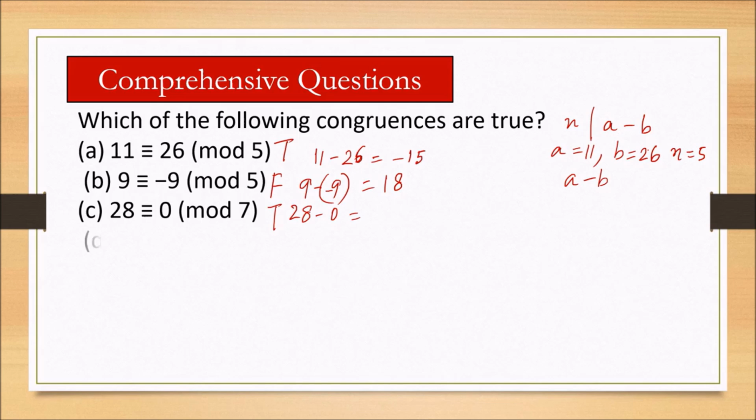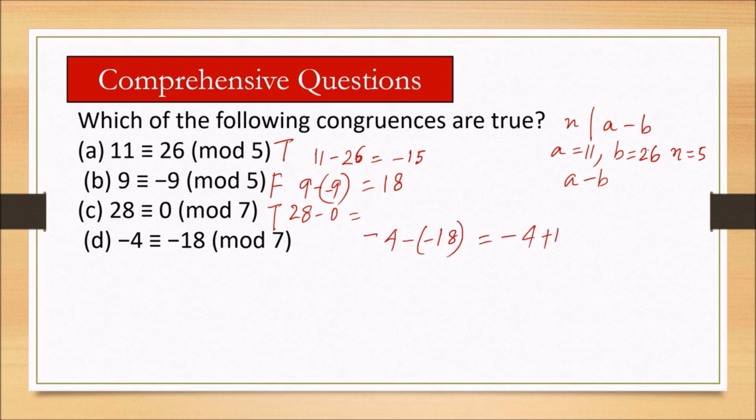Next question. Negative 4 is congruent to negative 18 modulo 7. So negative 4 minus negative 18 will be plus 18, that is 14. Is it divisible by 7? Yes, so it is true. Next, negative 8 is congruent to 5 modulo 13.